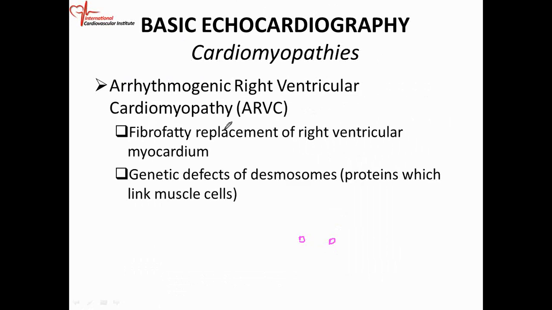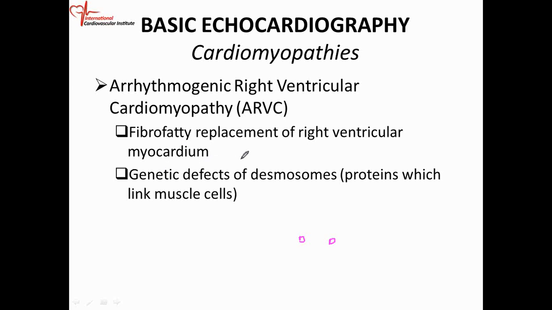All right, so the next thing we're moving on to is arrhythmogenic right ventricular cardiomyopathy or dysplasia. This condition results when the heart muscle is replaced by fibrofatty tissue. So fatty tissue replaces the right ventricular muscle. Fat does not conduct, fat does not contract, so it's going to cause a lot of problems.